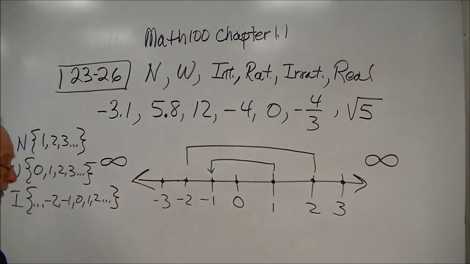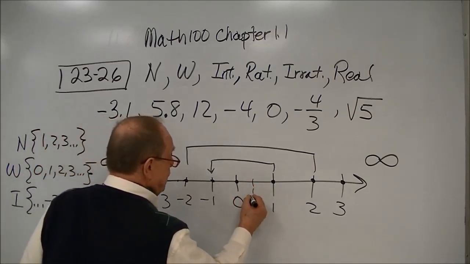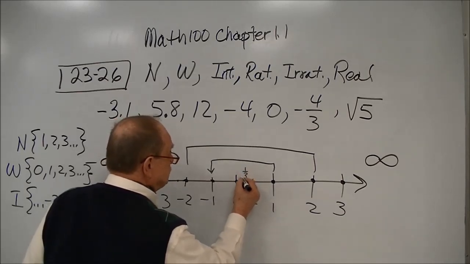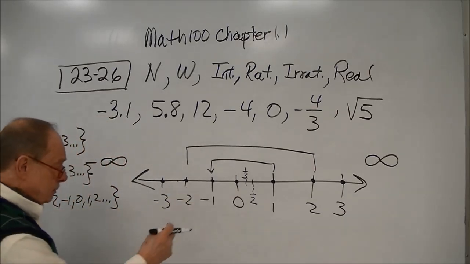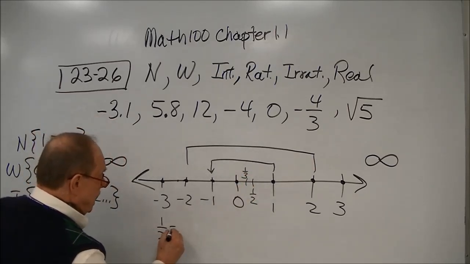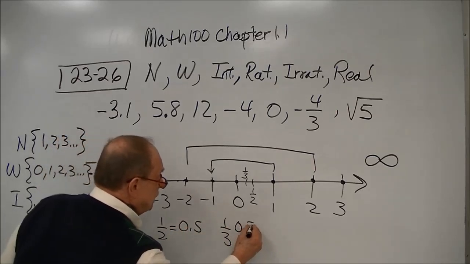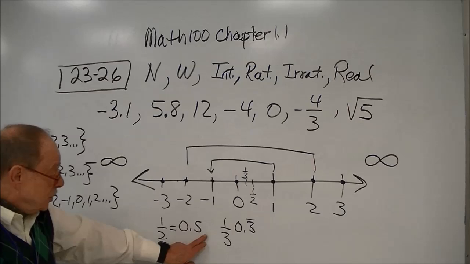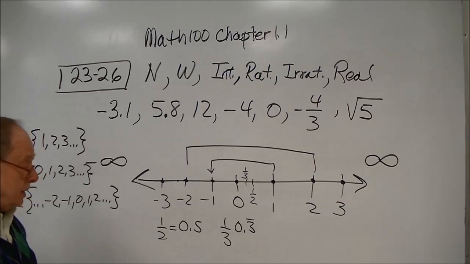Now, are there other numbers on the number line? Yes. As we say right here, there is 1/2. There's also 1/3 there. Now, these numbers, if you convert them into their decimal form, 1/2 equals 0.5, and 1/3 equals 0.3, and the 3's repeat, such that it terminates as it does for 1/2, or repeats as it does for 1/3.